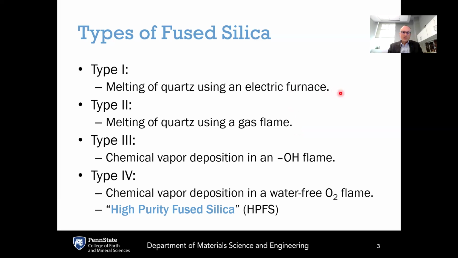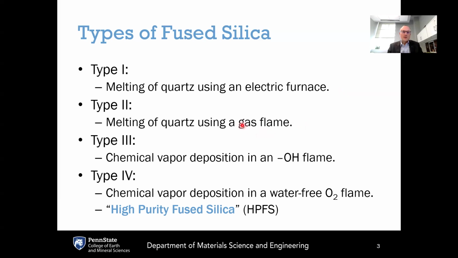An electric furnace could be used if you wish to minimize the water content of the quartz during melting. The gas flame could be wet, and so that could introduce some water during the melting process itself.